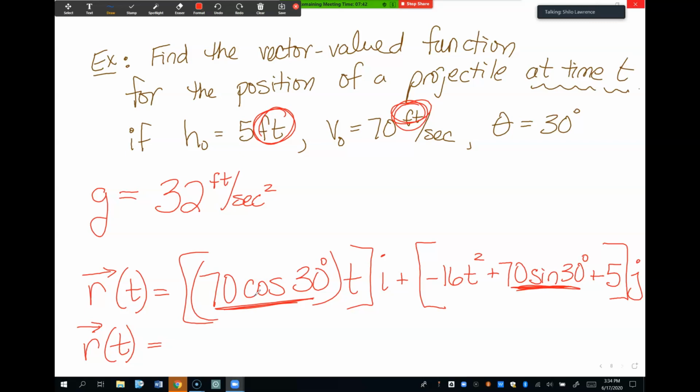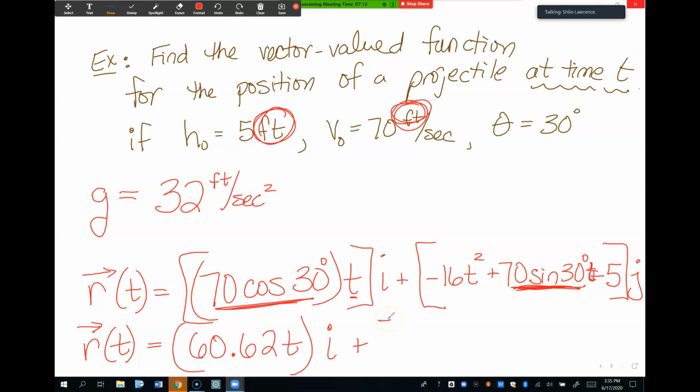Make sure your calculator's in degree mode. 70 times the cosine of 30 degrees is equal to 60.62. So my i component is 60.62t. And then for my j component, there's a t there, I forgot, sorry. This should have a t on it. That's our linear term.